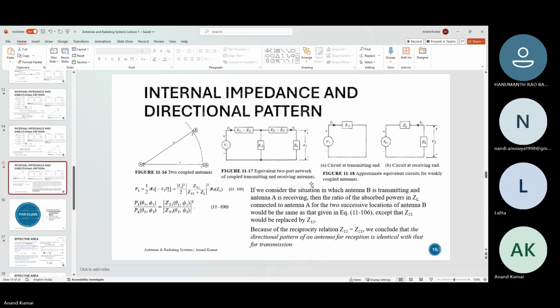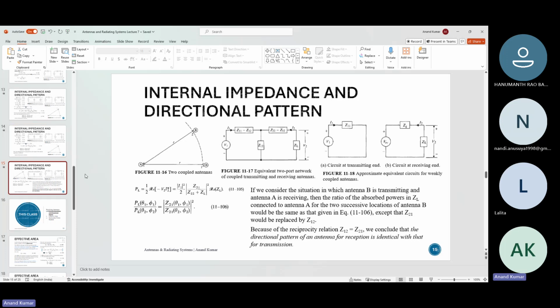So we came up with this equivalent circuit for the transmit receive system, and then we separated the circuit into circuit at the transmitting end and the circuit at the receiving end, and then derived the expressions for Z11, ZG, ZL, the power ratio at different angles, which gave us the directional pattern.